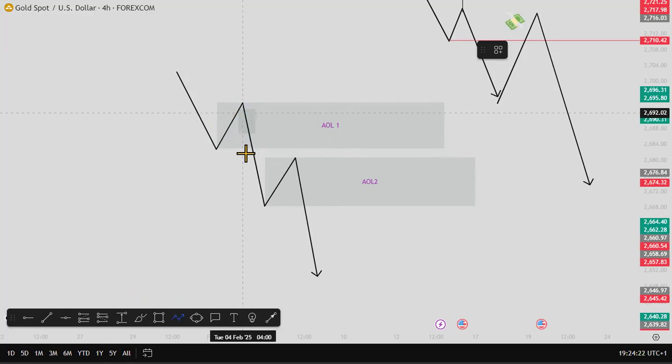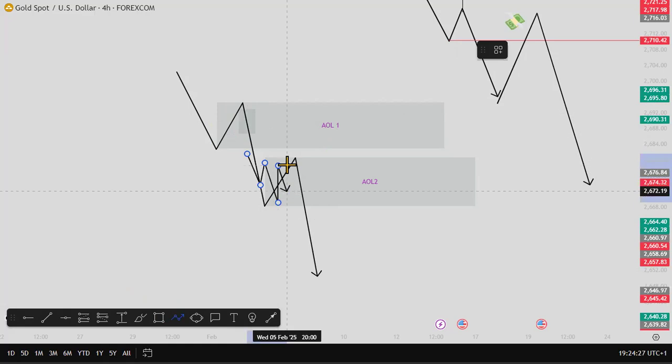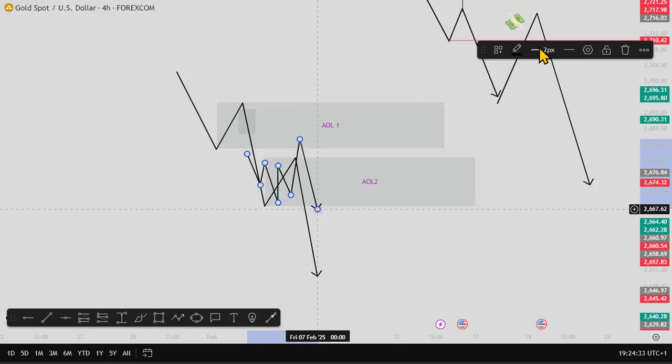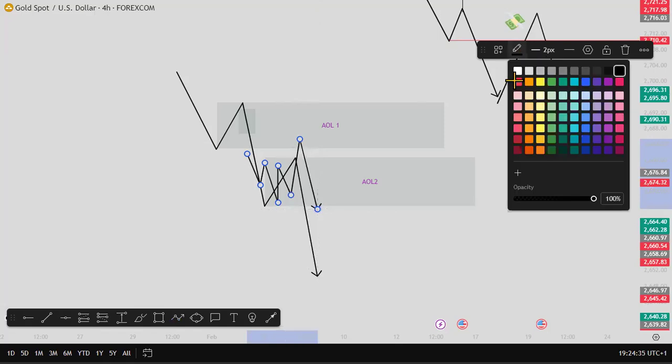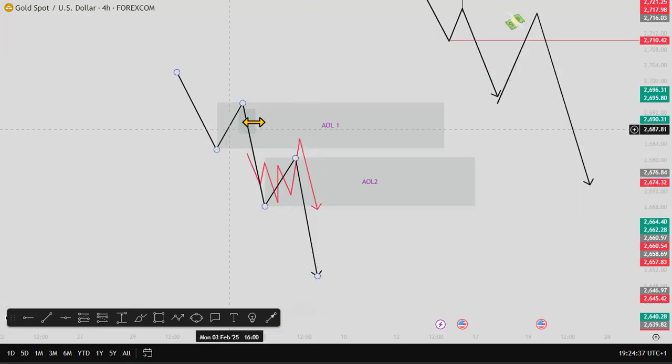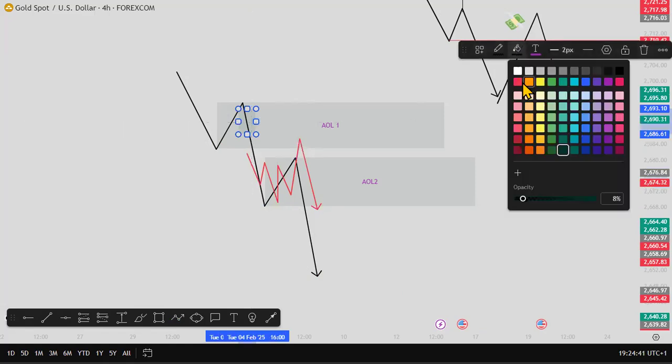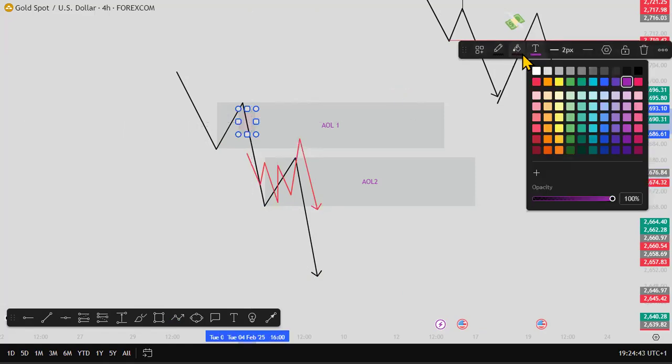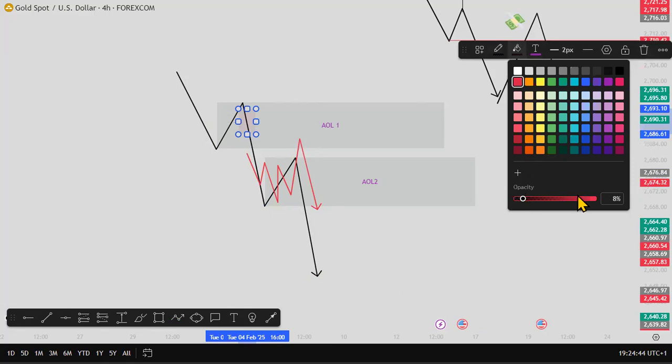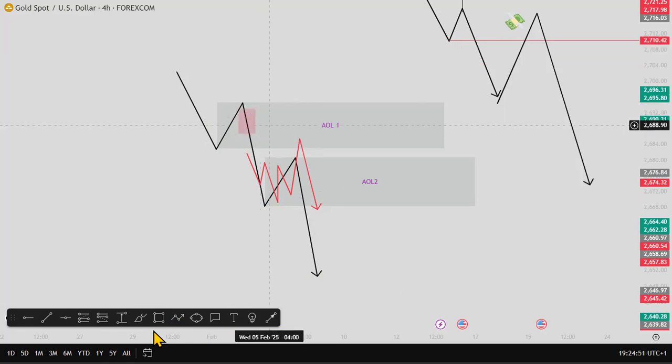So let's say price came up to this level and then dropped. Now, this reference point right here is still fresh and untouched. Price has not really mitigated it, whatever term you want to use.